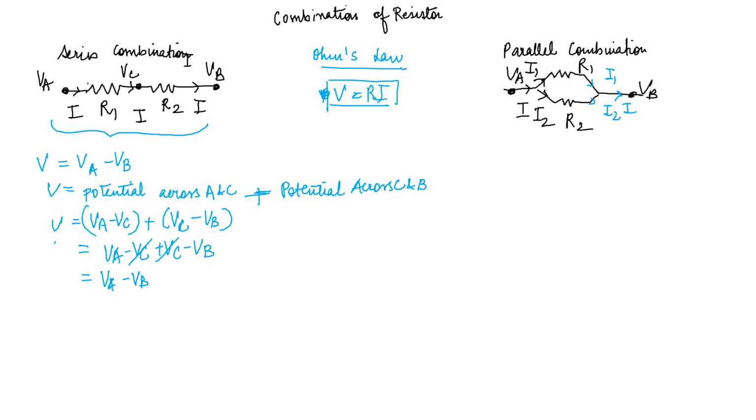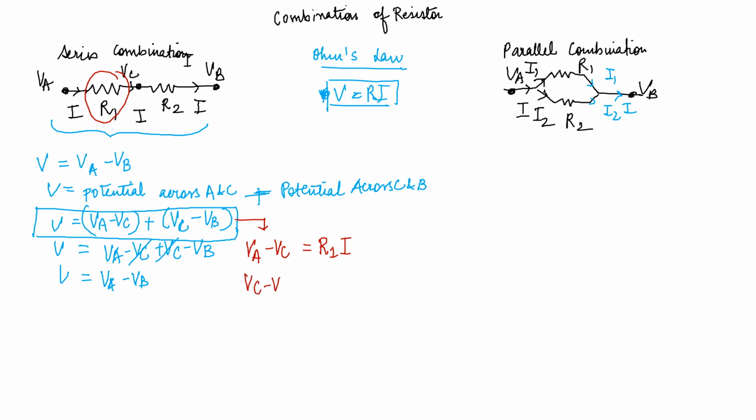So we have derived how we get this, but the important formula for us is this. From here, VA minus VC equals R1 into the current I. Similarly, VC minus VB equals R2 into the current I. This is for the CB combination, and this is for the AC combination.